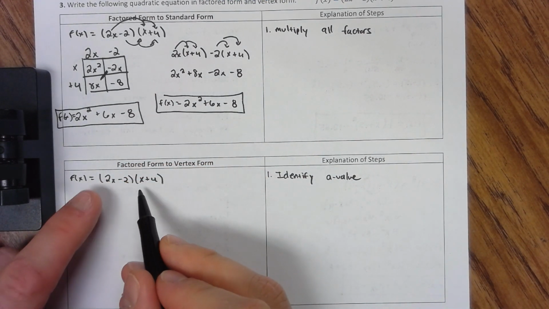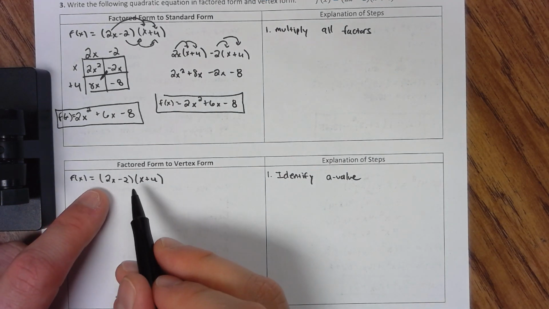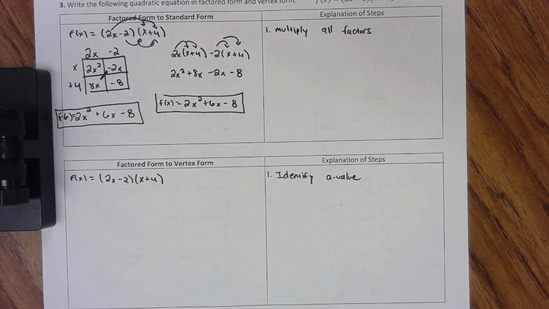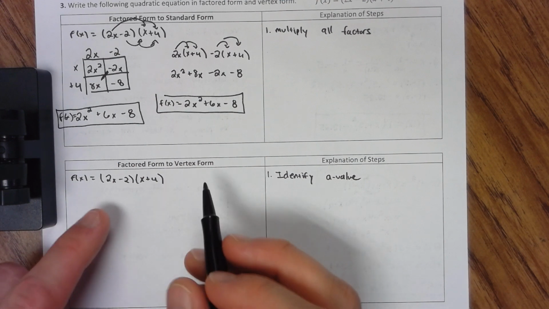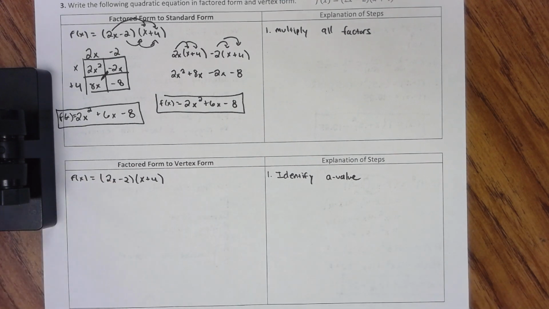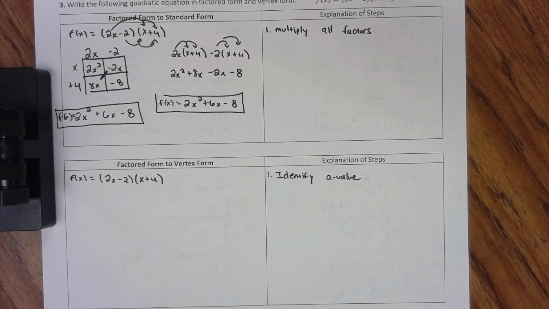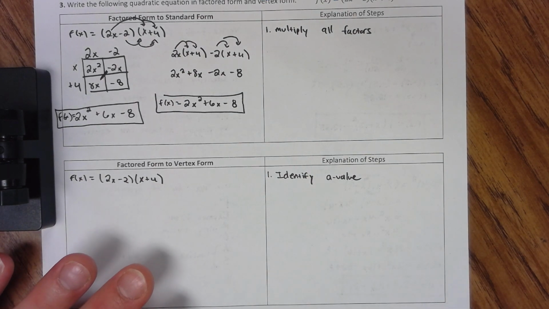I know that my a value is going to be whatever happens when I multiply 2x times x, or the terms that have the x's in both of our factors. So you may not even need to multiply in the standard form to say, hey, my a value is going to be 2 times 1. So I'm just going to say identify the a value. If that means you multiply and get into standard form, fine. Or you can just multiply the coefficients in front of the x's.